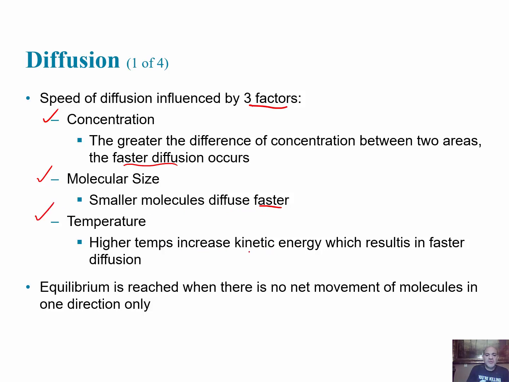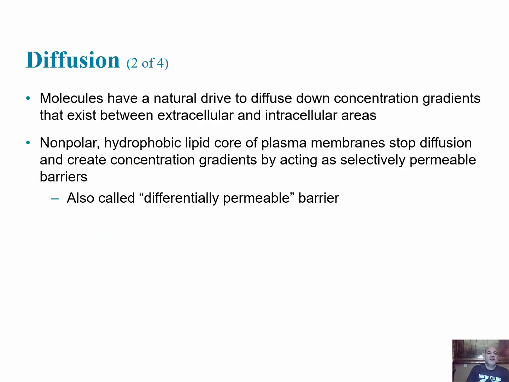And then temperature: as temperature goes up, the average kinetic energy and the speed of the particles increase, so again there are more collisions, more scattering, and more diffusion or net movement. Again, equilibrium is reached when there is no net movement of molecules in any direction, which is the case when the particles are evenly distributed.